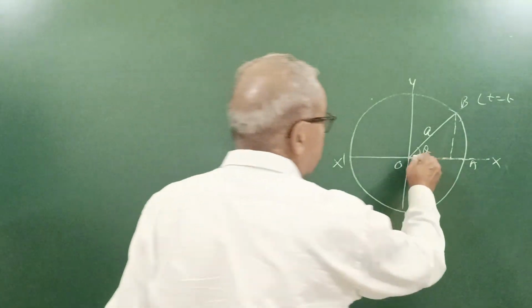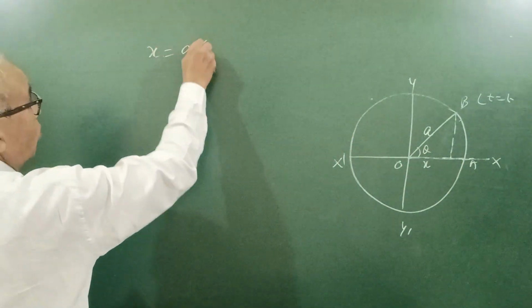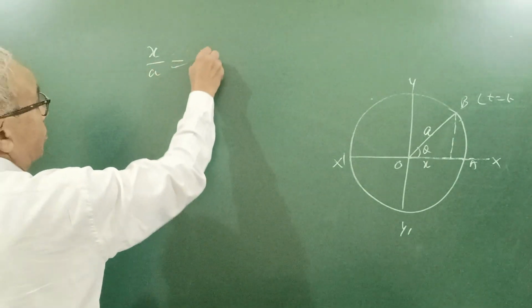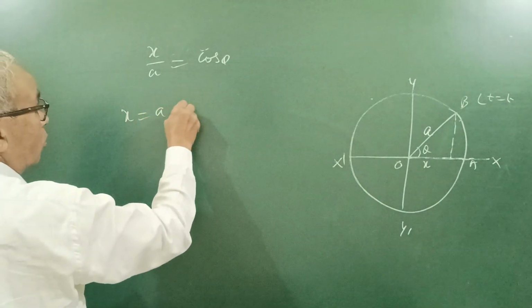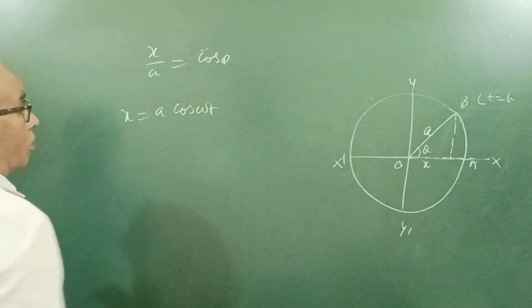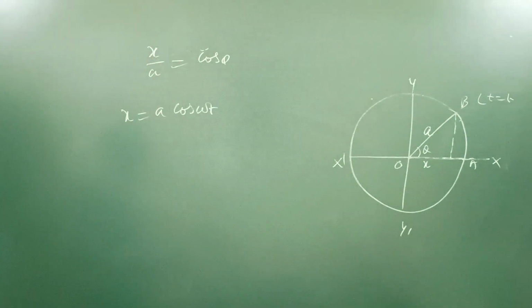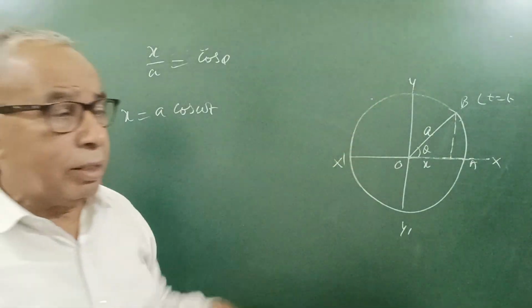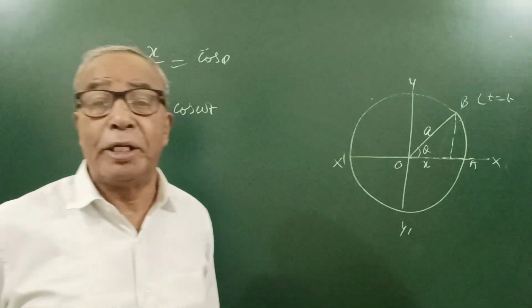So now here it is x upon a. x upon a is cos theta, or we write x equal to a cos omega t. Don't think that we can describe simple harmonic motion only in terms of y equal to a sin omega t.